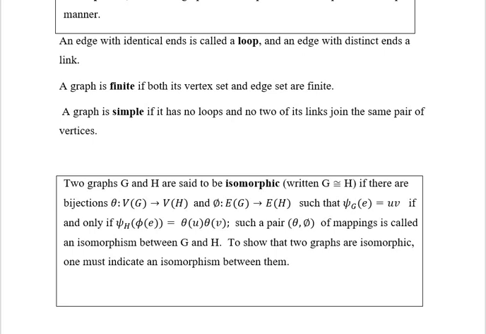It can also be said that if the edge E is incident on the vertices V1 and V2 in G, then the corresponding edge E dash in H must be incident on the vertices V1 dash and V2 dash that correspond to V1 and V2 respectively. So generally we can say two isomorphic graphs must have the same number of vertices, the same number of edges, and an equal number of vertices with a given degree.